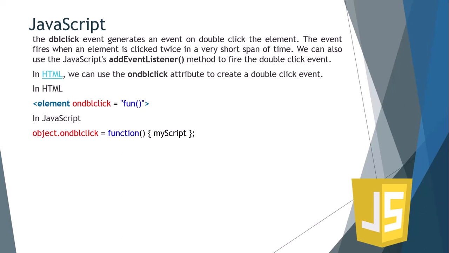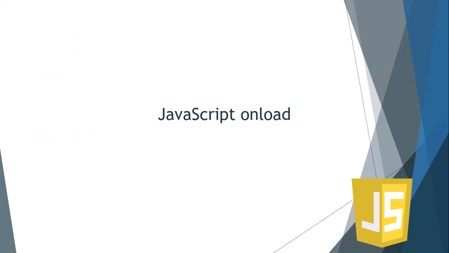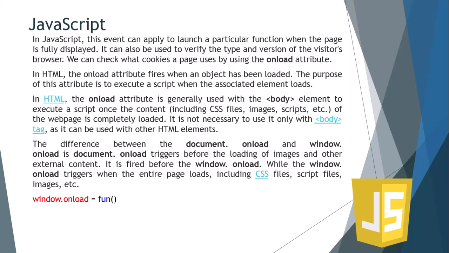Next, we have JavaScript onload. In JavaScript, this event can apply to launch a particular function when the page is fully displayed. It can also be used to verify the type and version of the visitor's browser. We can check what cookies a page uses by using the onload attribute.